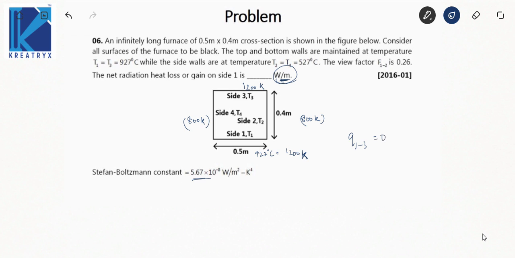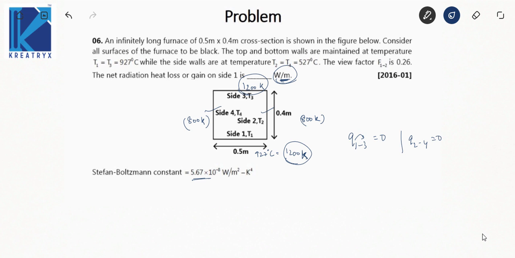Q from 1 to 3 is 0? Yes, I can say that, because it is at 1200 Kelvin and this is also at 1200 Kelvin. So Q13 is 0. Next, can I say that Q24 will also be 0? Because surface 2 and surface 4 are at same temperature, so there will be no heat transfer exchange.